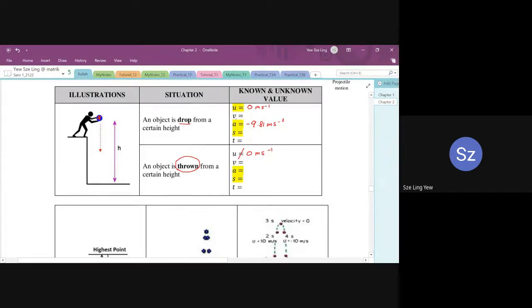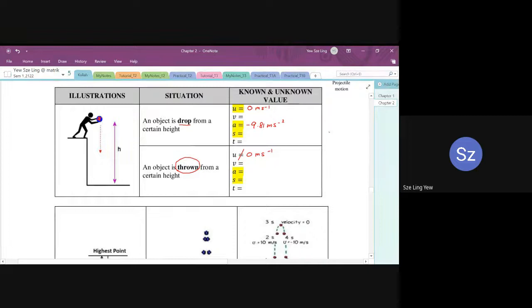As you can see here, I don't use g in finding the value, in listing out the information. That's why I don't encourage you to use equations that come with g, because it will make you confused. A very often seen mistake, for example, just now we have v equals to u minus gt.